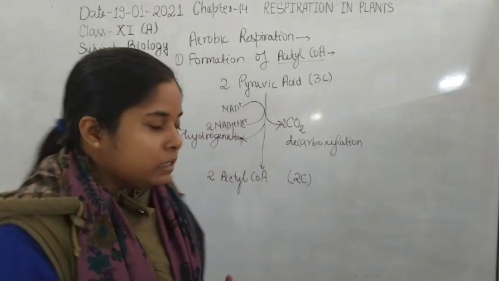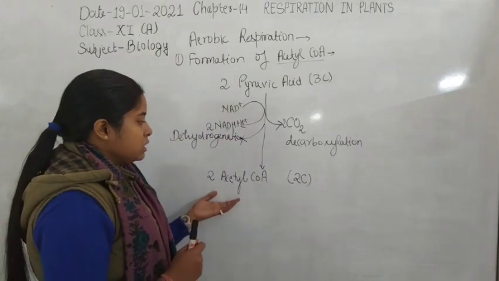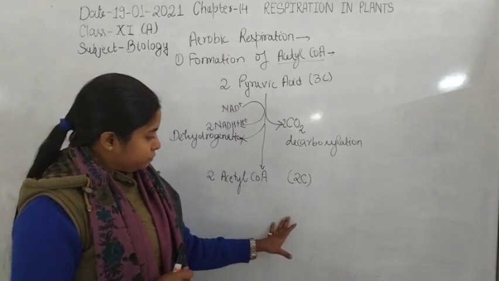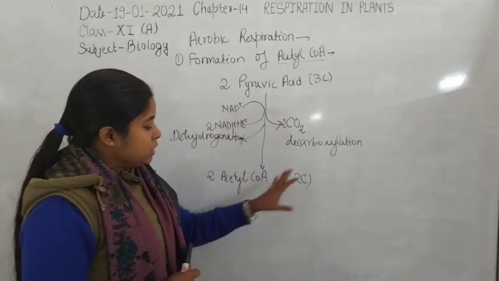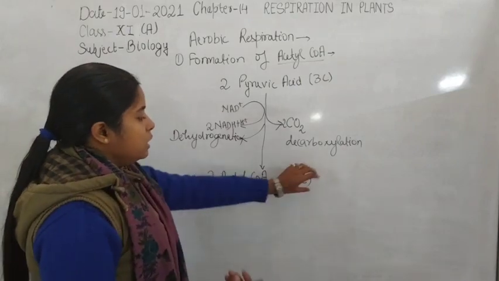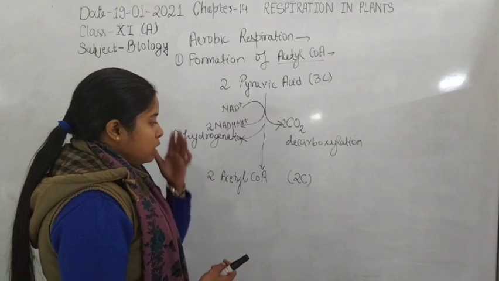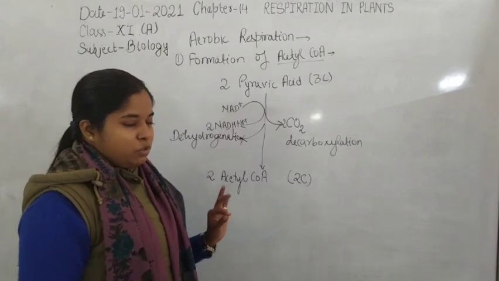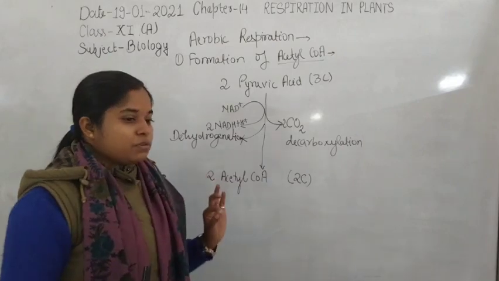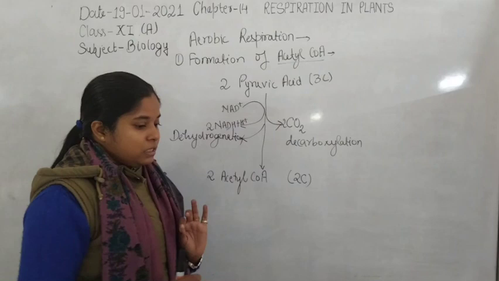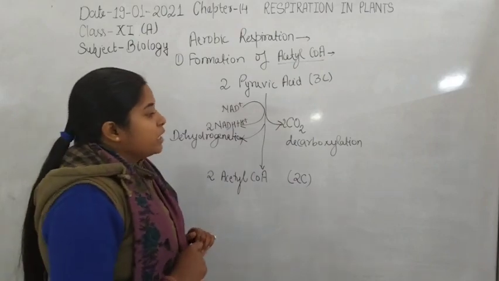In the Krebs cycle, they bind with the oxaloacetic acid and form the citric acid. Oxaloacetic acid से citric acid का formation होगा, which is because here is 2 carbon containing molecule, and oxaloacetic acid is 4 carbon containing molecule. So the citric acid is a 6 carbon containing molecule.